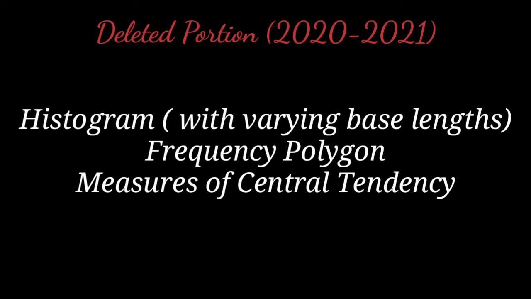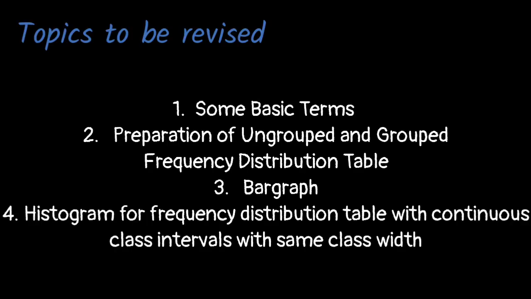So children, you have to revise only a small portion of this chapter, such as preparation of ungrouped frequency distribution table, grouped frequency distribution table, and some related terms, construction of bar graph and construction of histogram using tables with continuous class intervals of same class width.